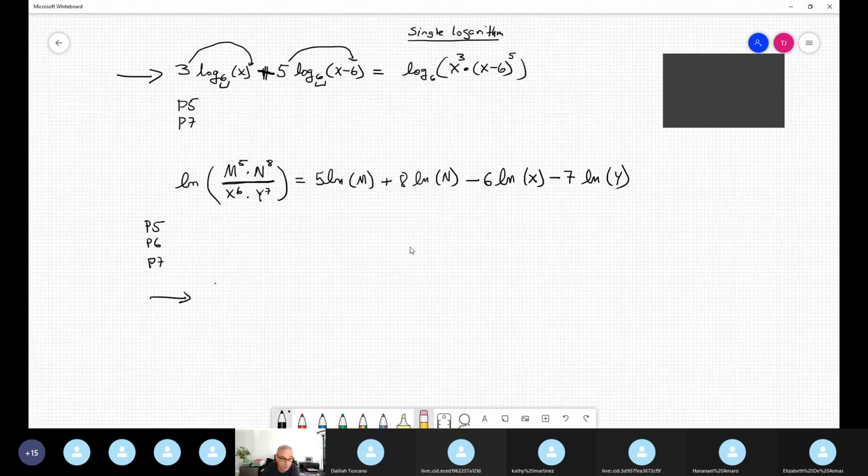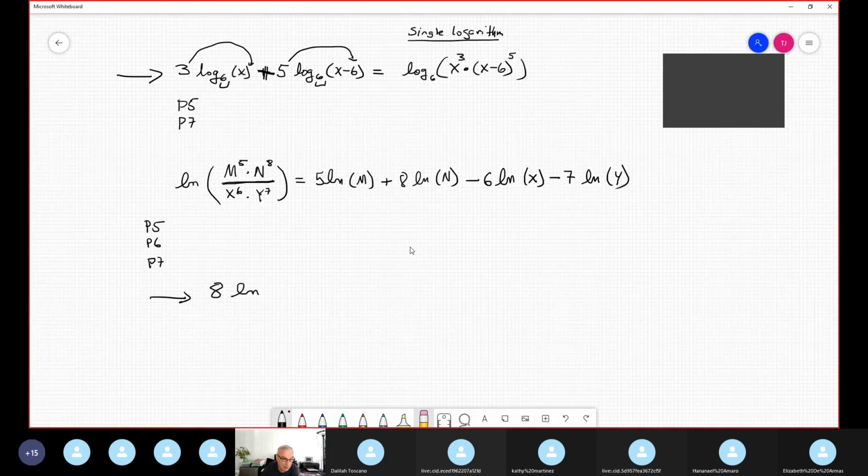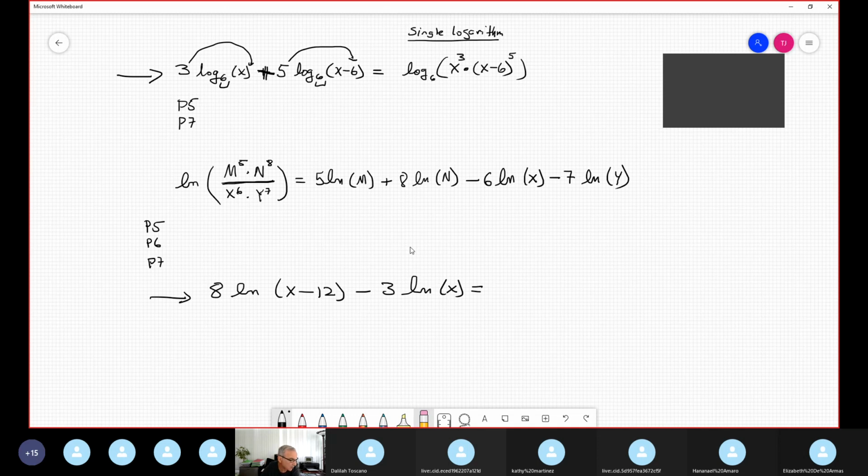Suppose a times ln of x minus 12. This is one expression. Minus 3 times ln of x. And the question says express it as only one logarithm. I don't need two, two is no good. Only one. So you condense it. What property do you apply? Property 6 and property 7. Not 5. Why not?